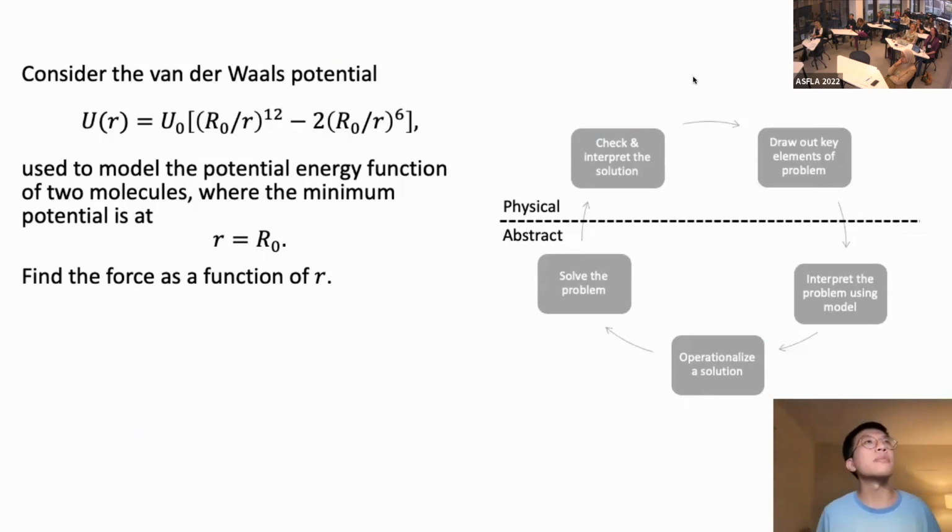So this problem is basically that there's a potential energy corresponding to the potential between two molecules. And the question asks for the force the molecule experiences at the minimum potential position.